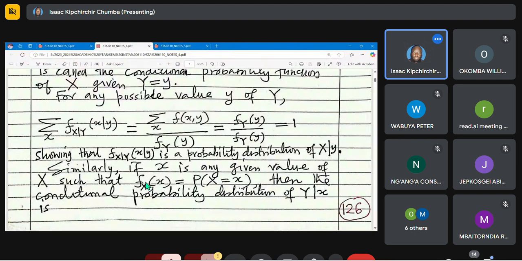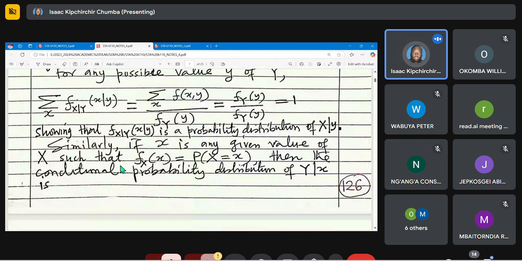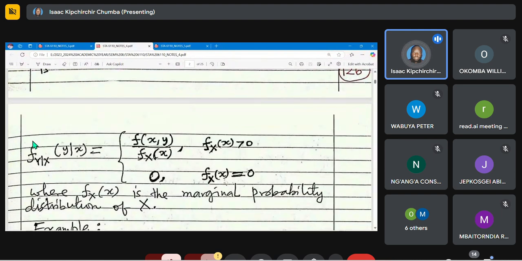Similarly, it doesn't matter which one you want to fix. Maybe it is the x which has assumed some value, then you'll be talking about the conditional of y given x. So if x is any given value of the random variable x, the conditional probability distribution of y given x, we shall denote by f subscript y given x, and the argument here is y given x.